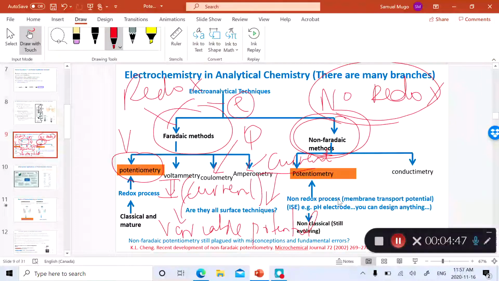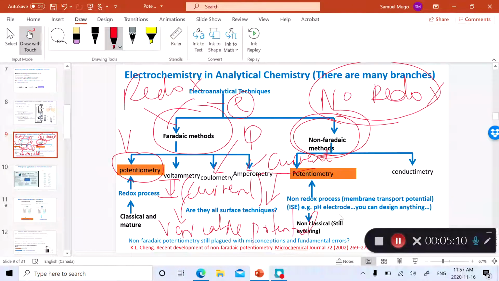And because of that, you've got a charge separation giving you a potential difference, and potential difference actually means a voltage. Sometimes we call these the non-classical potentiometry, and it is the most common nowadays, especially when you're trying to make different types of sensors, or what you call the ion selective electrodes.